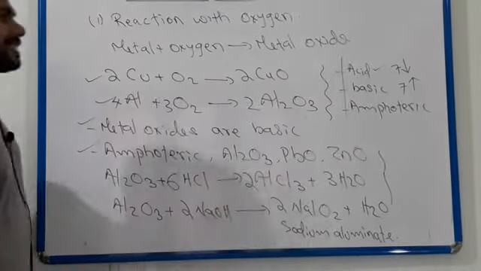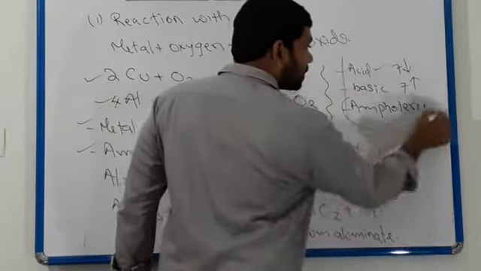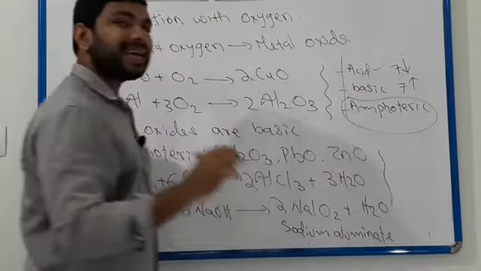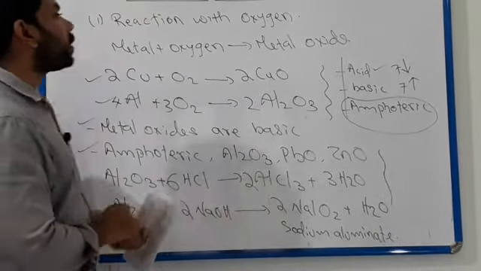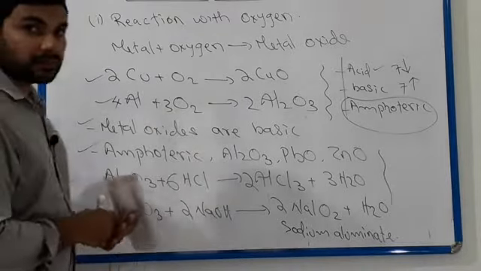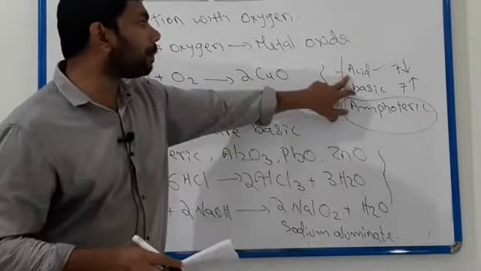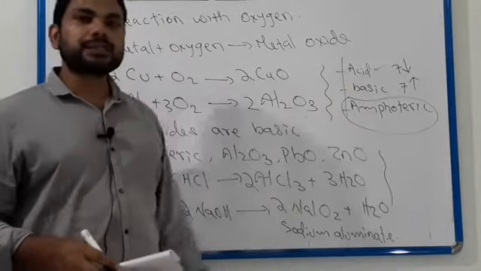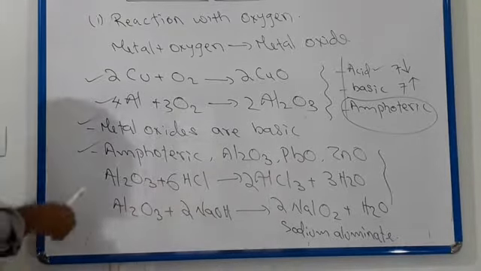Amphoteric substance means a substance that shows both acidic and basic properties. Such types of substances are called amphoteric substances.